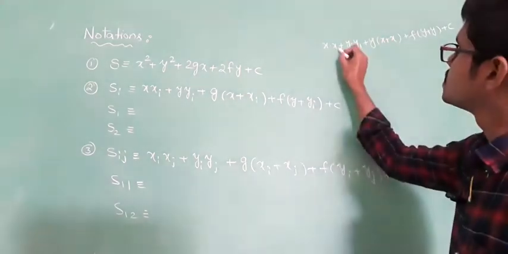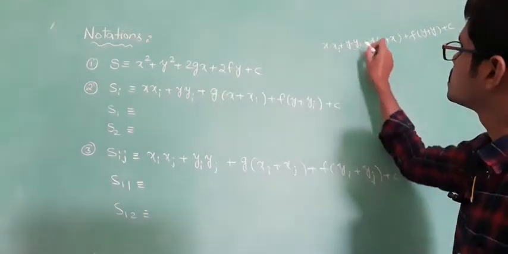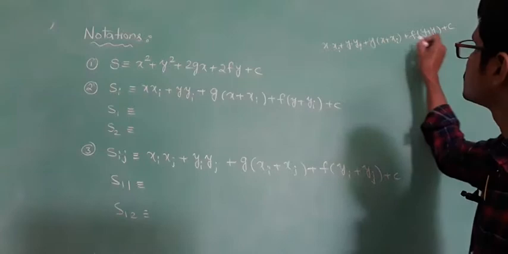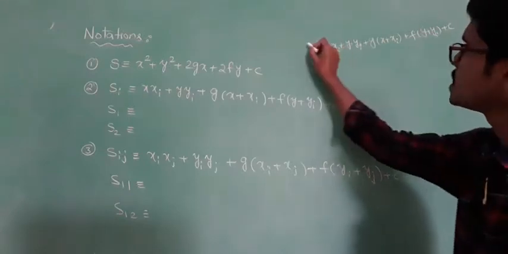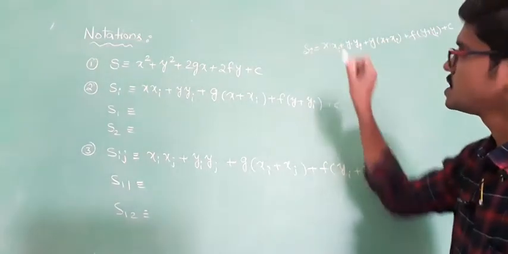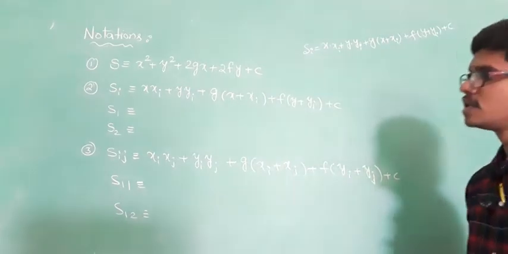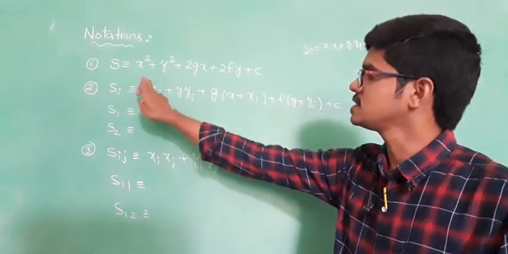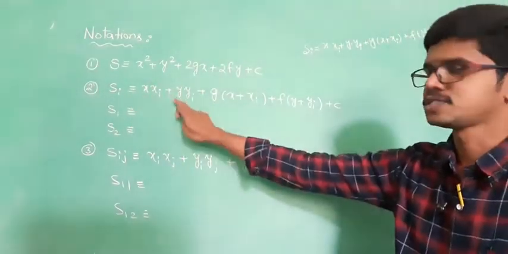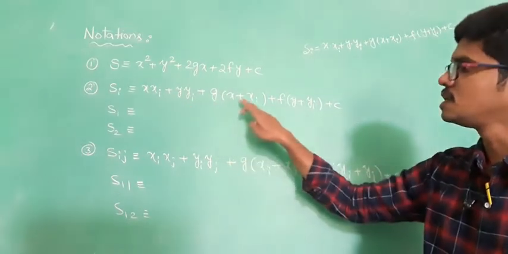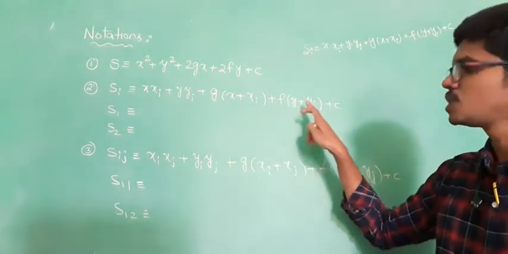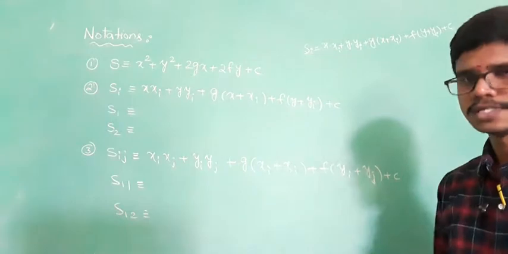Okay, so let us take the point xi, yi. Let us denote it by Si. The notation Si can be written as x into xi plus y into yi plus g into x plus xi plus f into y plus yi plus c.